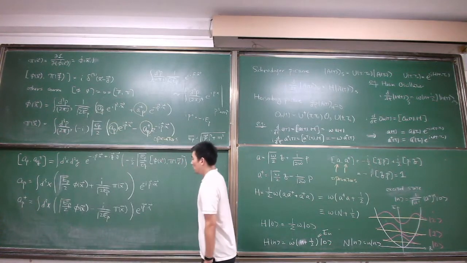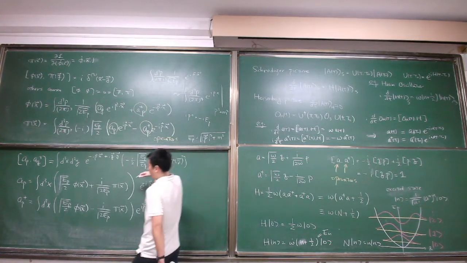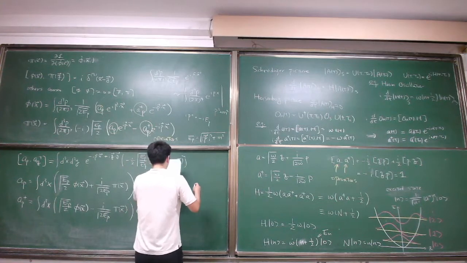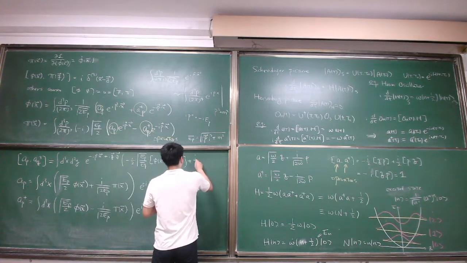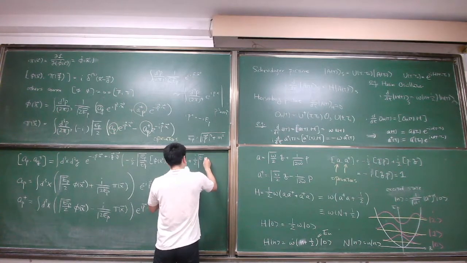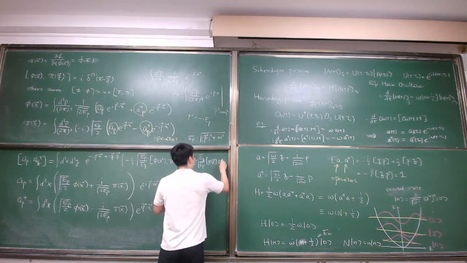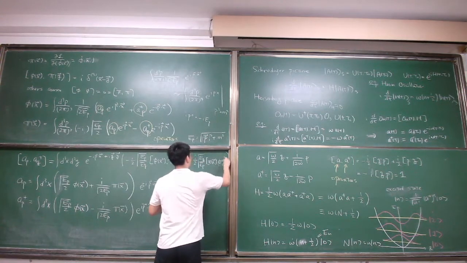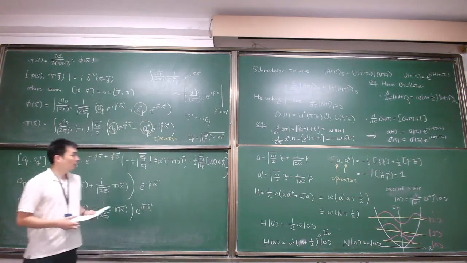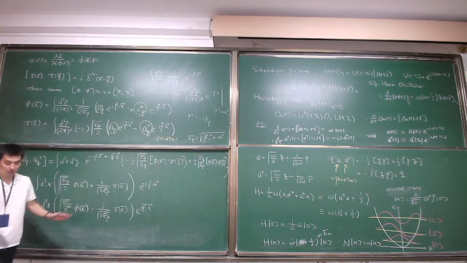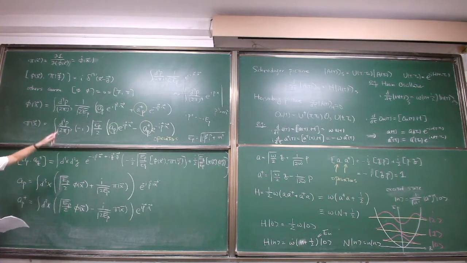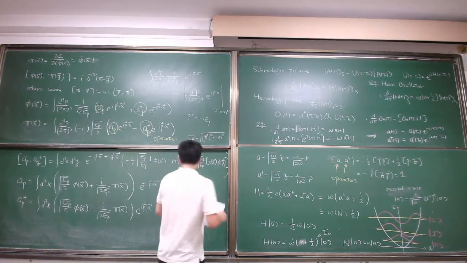The other cross term is equal to i over 2 E_q and E_p, with pi of x and phi of y, and so on. That's the other cross term. Now we impose the canonical commutation relation.